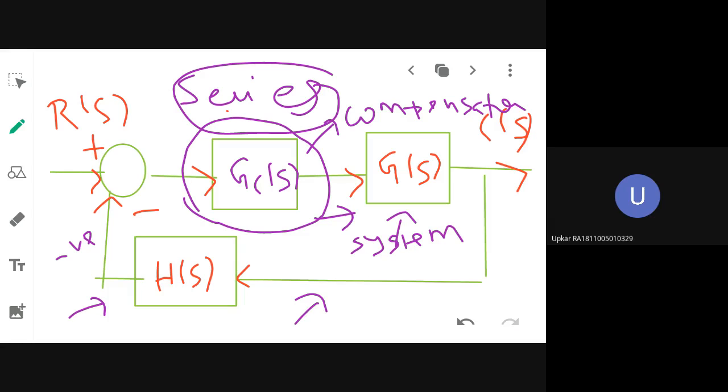It is added in series combination with this system. That is why it is called a series compensator. So this is how we will be representing figuratively a series compensator. You are going to add Gc(s), that is your compensator, in series or cascade with the existing system. That is why it is called a series compensator.